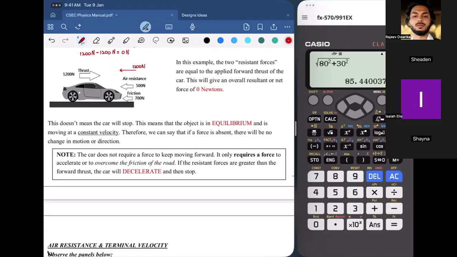So Shay, before, if somebody told you that there's no force acting on an object, would you think that it's moving or still? I think it could be moving or it could be still. Okay, cool. Would you have known that there was no acceleration logically? No, there's no acceleration. Because if I tell you that there's no external forces, in other words, the net force is zero, would you have interpreted that as there's no acceleration?